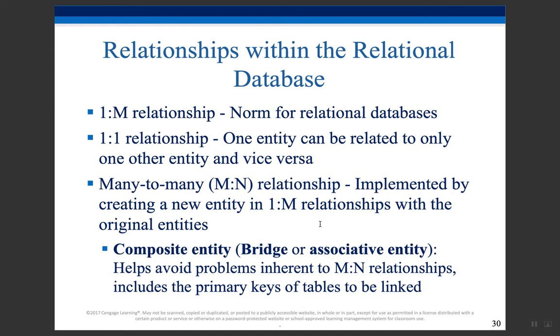We're talking about the relationships within the databases themselves. I think we had mentioned this before: one-to-many relationships, which is the norm for a relational database. One-to-one, where one entity is related to one other. And then this idea of a many-to-many, or excuse me, Cartesian product, which is where we take all the fields and match all combinations of all fields together.